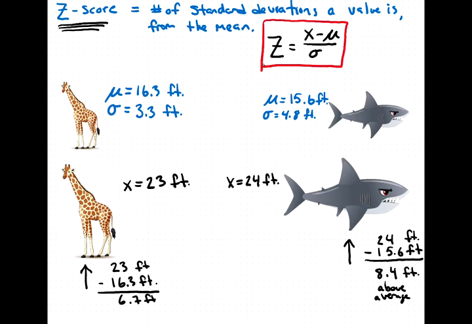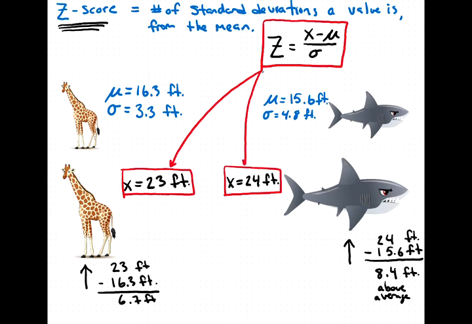So what we want to do is take this number of feet and convert it into number of standard deviations. All right, so we'll use this z-score formula to convert the height of that giraffe and the length of that shark into z-scores.